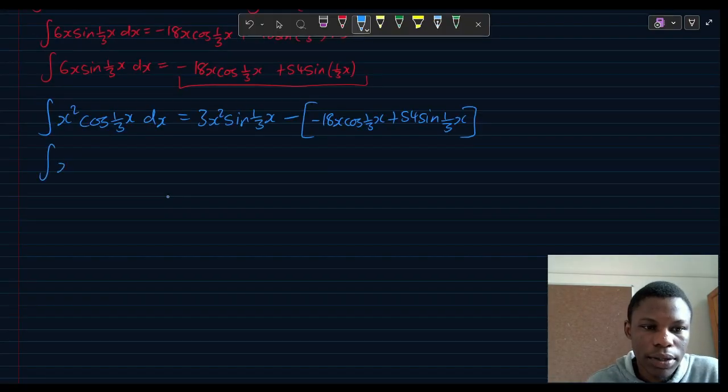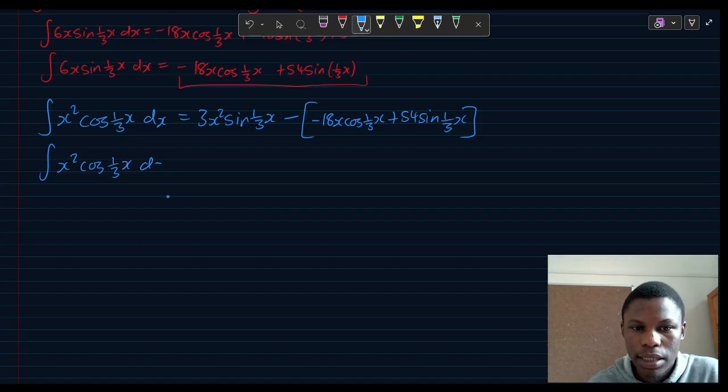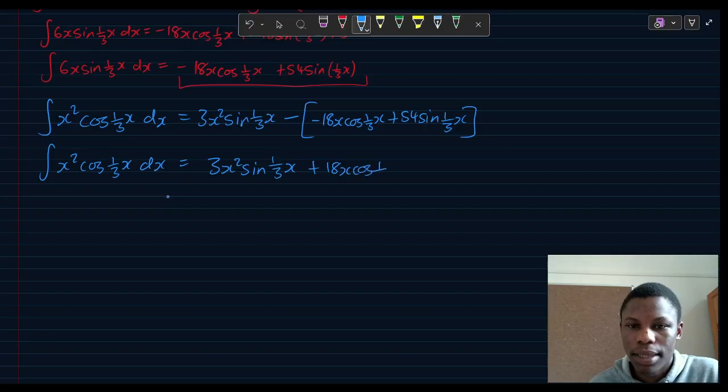So the integral of x squared cos a third x dx is equal to 3x squared sine a third x minus minus, so plus 18x cos a third x minus 54 sine a third x.